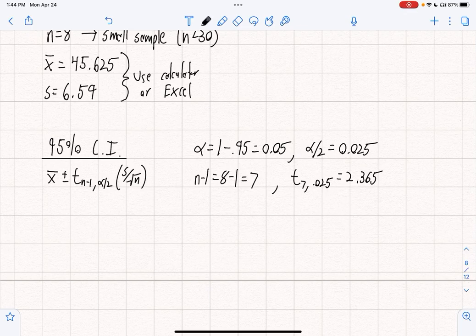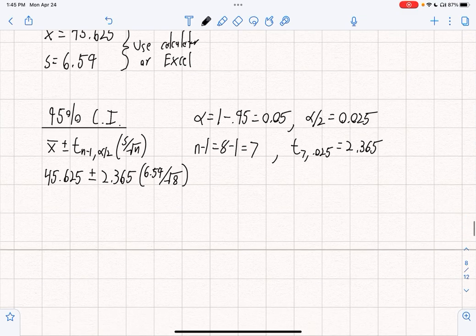Now we can just plug in all of our numbers. x bar was 45.625 plus or minus our t value, which we just looked up to be 2.365, times our s, which we calculated to be 6.59, divided by the square root of n, or the square root of 8 in this case. Now all we need to do is simplify this.